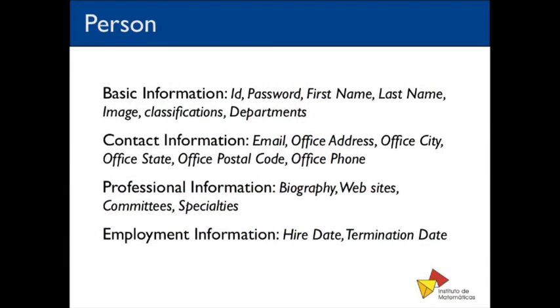The person object basically gives you basic information that any educational institution may have. Like, for example, the basic information is an ID, a password, first name, last name, an image of the person, classification. Well, you can assign classifications, departments. You might have contact information like email, office address, city address, etc. And you can also keep a record of professional information like bibliography, biography, websites, and employee.